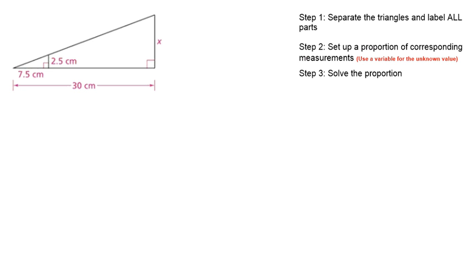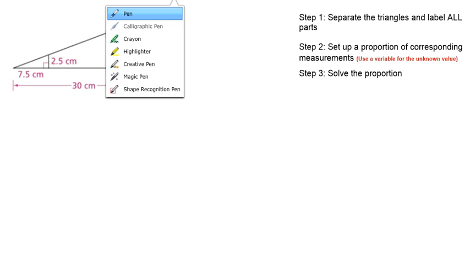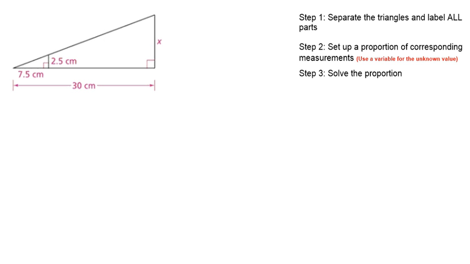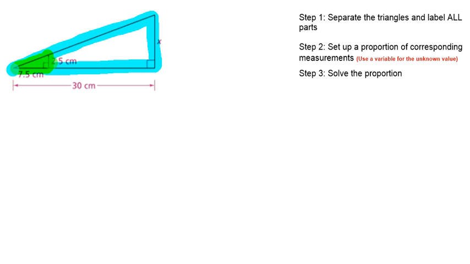So here's my first example. We basically have two triangles inside one of the triangles. So I have this triangle right here, and then I also have a big triangle up here. What we're going to have to do is separate the triangles, like I said.